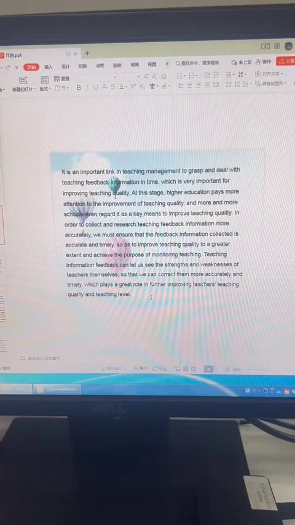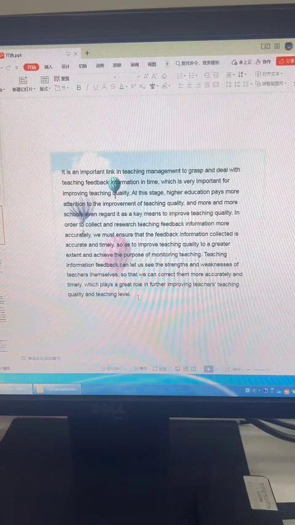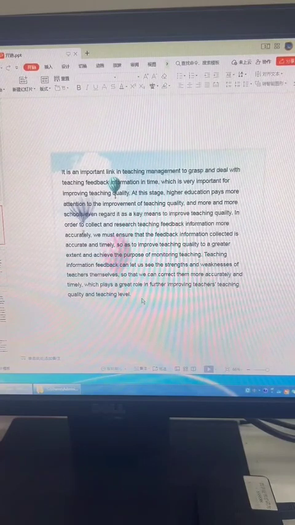Teaching information feedback can let us see the strengths and weaknesses of teachers and themselves, so that we can correct them more accurately and timely, which plays a great role in further improving teachers' teaching quality and teaching level.